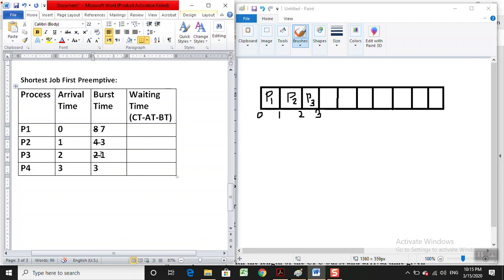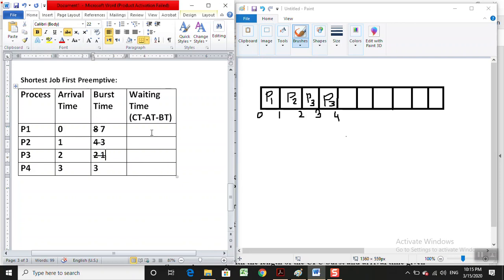So now P3 will continue its job of remaining 1 millisecond, until 4. So P3 has finished its job.